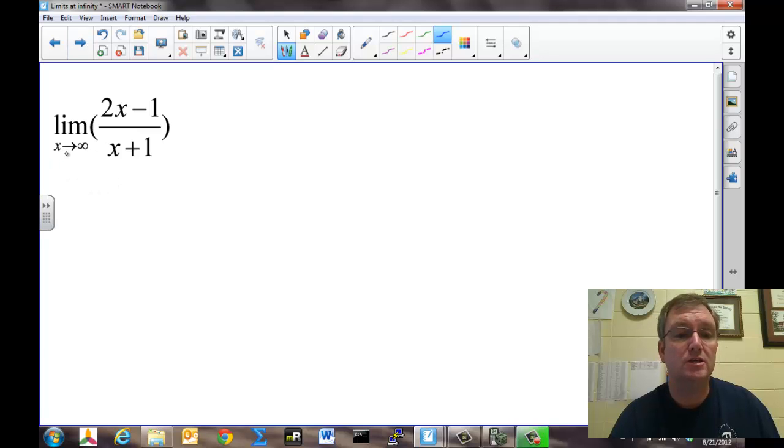Well, let's look at this problem. As x approaches infinity, what's happening to this expression here? Well, one way to solve this would be algebraically, or one way you may consider is plugging in. Well, we don't have a number to plug in up here, do we? But we can plug in numbers and try to evaluate it numerically. So why don't we do that?